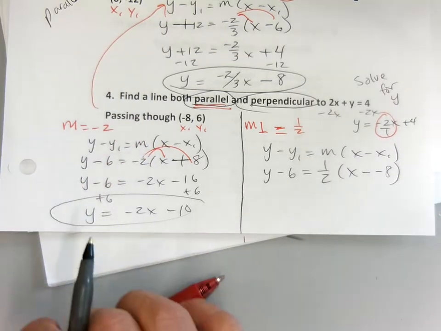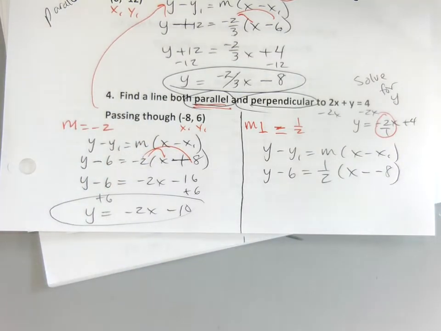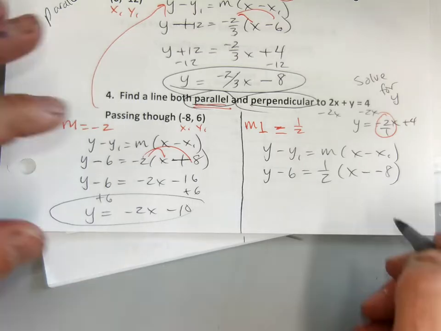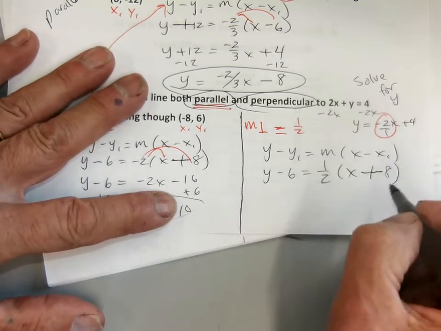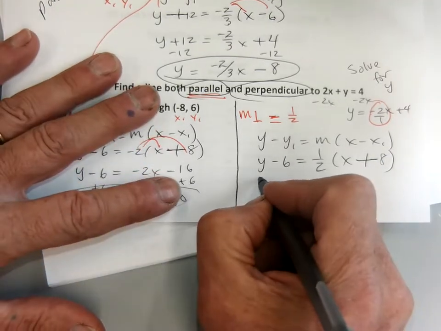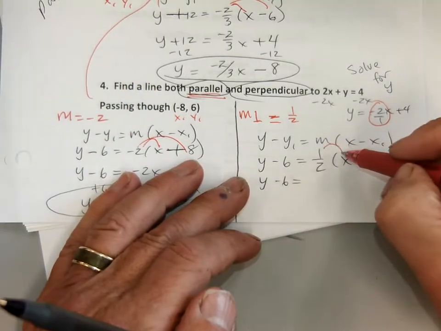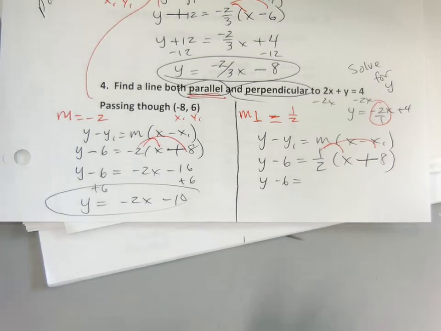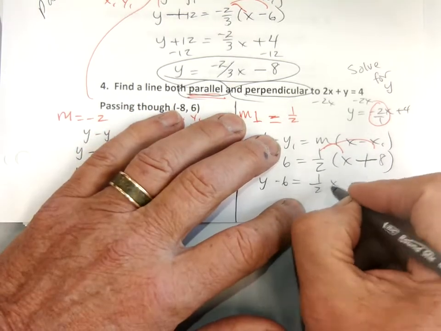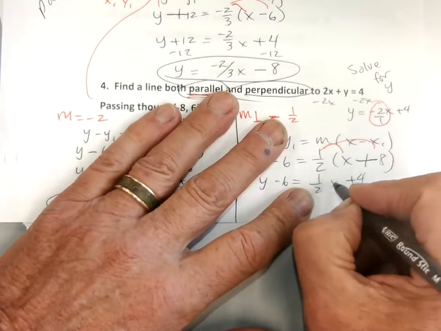Same thing, just different slope, right? Double negative, change that to a plus. y minus 6 equals, and I'll distribute. That times that, that times that. I'll have 1/2 x plus 4. How am I doing?